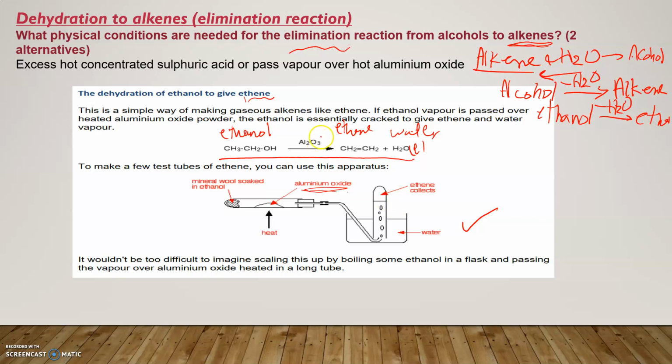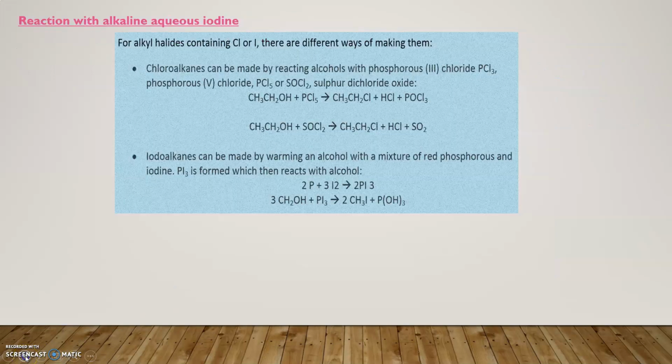So the ethanol vapor passes over the heated aluminum oxide along the tube, and then the gas goes through the water and into the tube.